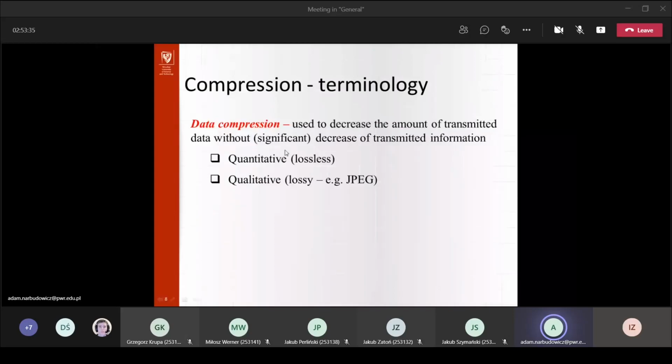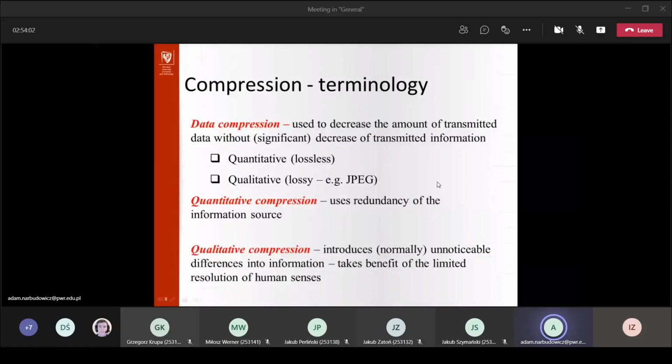The word significant is in brackets because of the quantitative and qualitative compression. Quantitative is lossless, like the zip format. Qualitative has some information loss, such as JPEG, and this is done with the source coding.